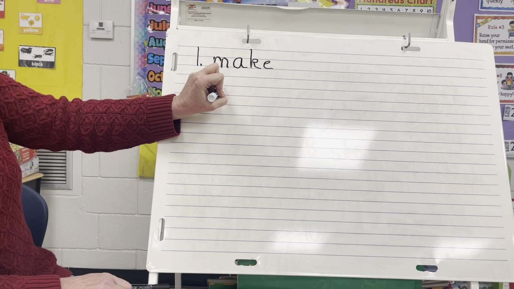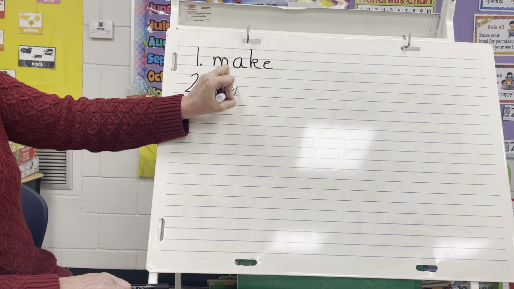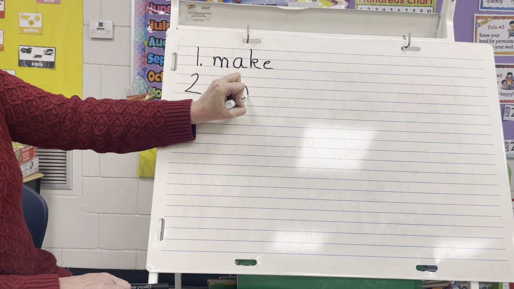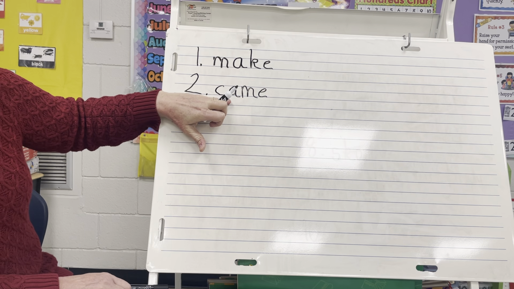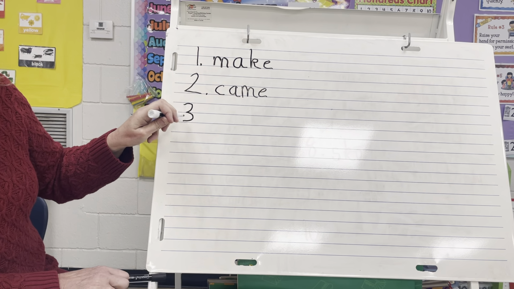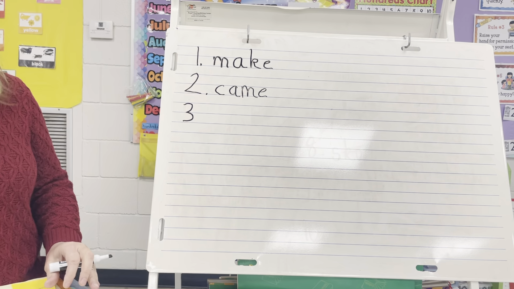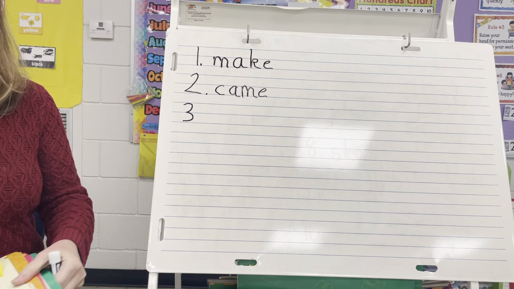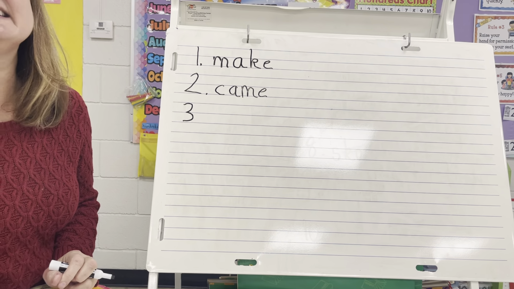All right, the word begins with K. We said it rhymes with same, so you should have written what? Yes, came. Let's try number 3. All right, guys, this one begins with the T sound, and it rhymes with lake.